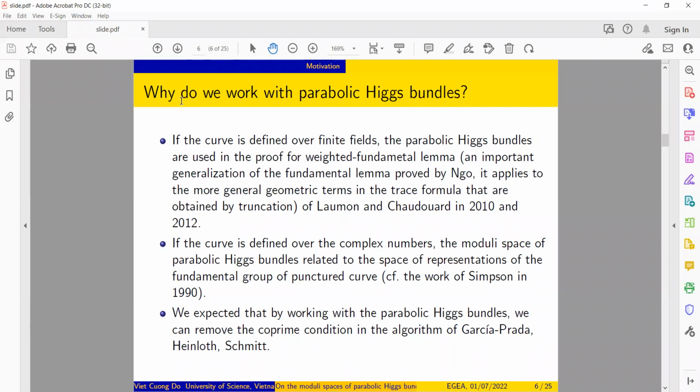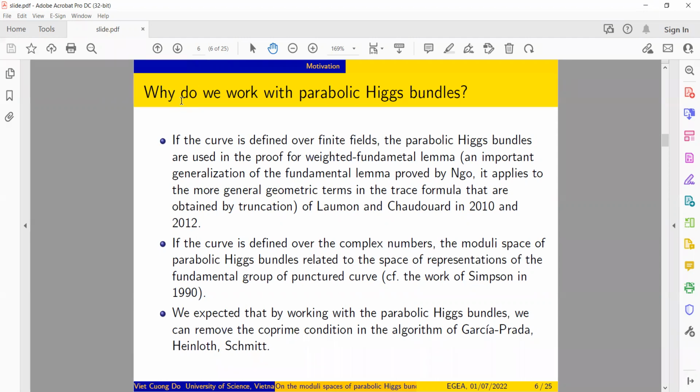And to prove this fundamental lemma, they use parabolic Higgs bundles, some kind of generalization of Higgs bundles. For curves defined over the complex numbers, Simpson gives a relation between the moduli space of parabolic Higgs bundles and the space of representations of the fundamental group.